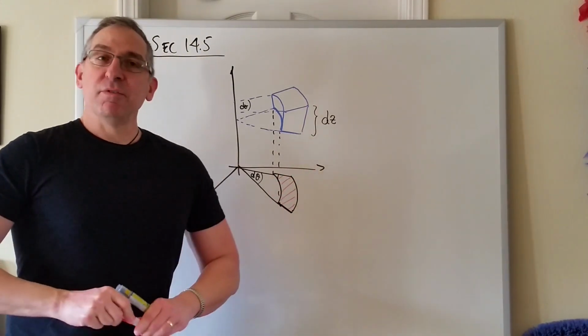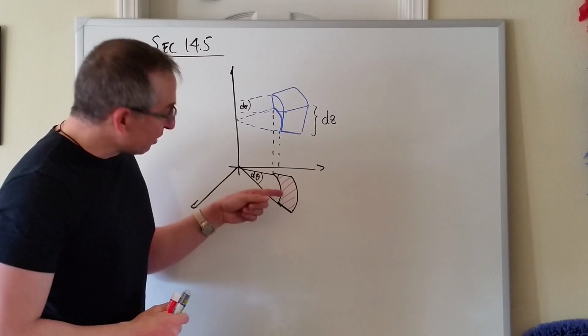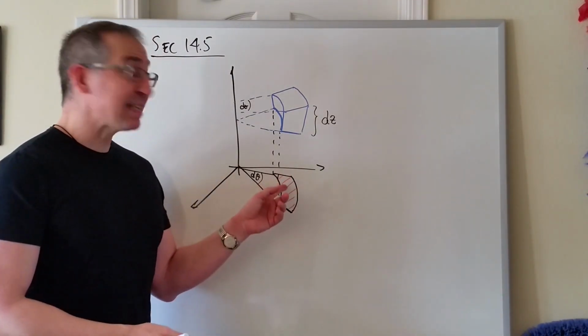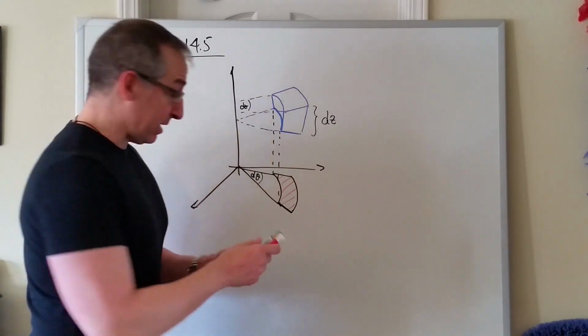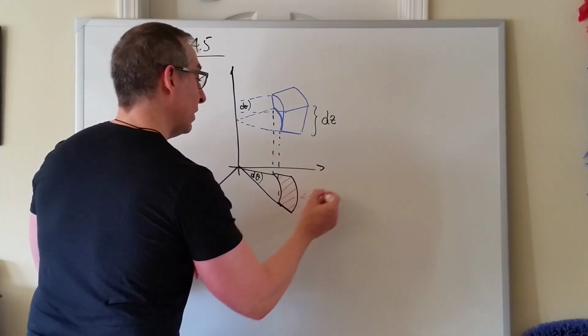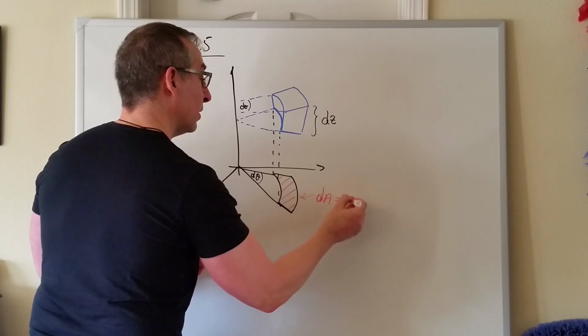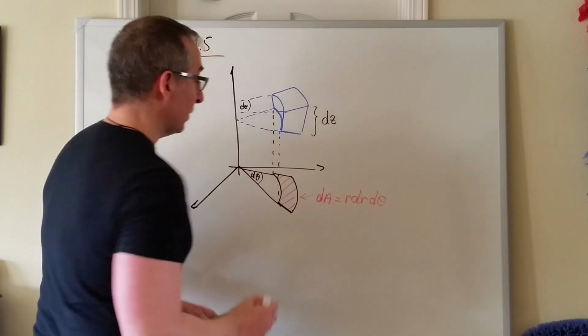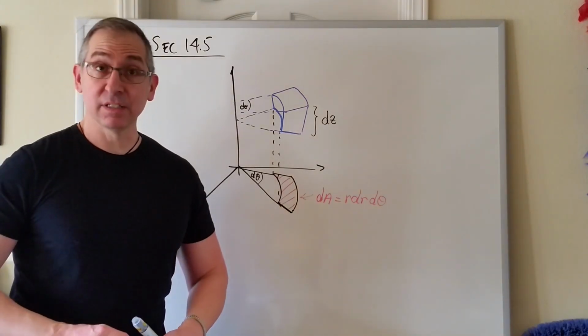Again, do you remember in section 14.4 what this piece right here was called? We called that a polar rectangle. Remember? That's a polar rectangle. Its area was this. That was the area of that polar rectangle.